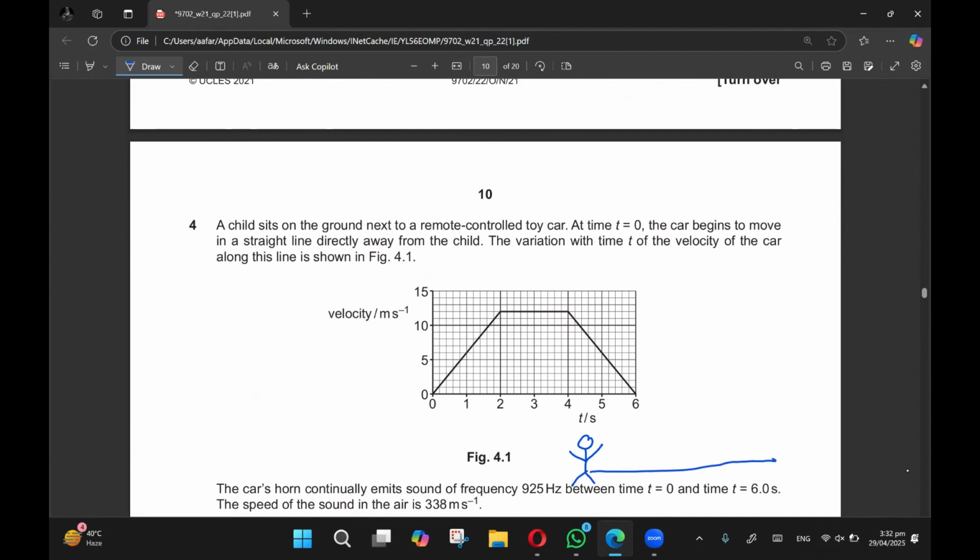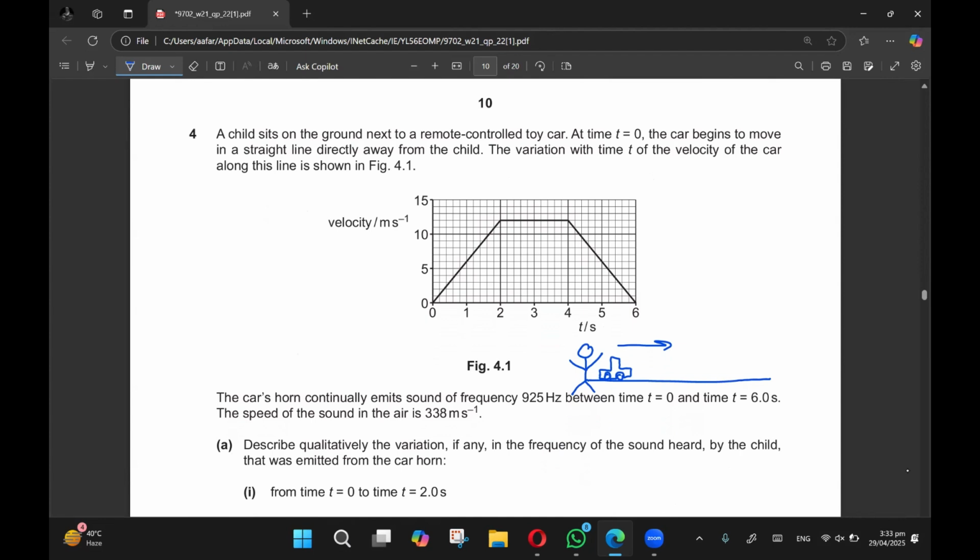Apologies for my drawings. And this is the car. So for the first 2 seconds, its velocity increases, then it's constant for another 2 seconds, and then it decreases.